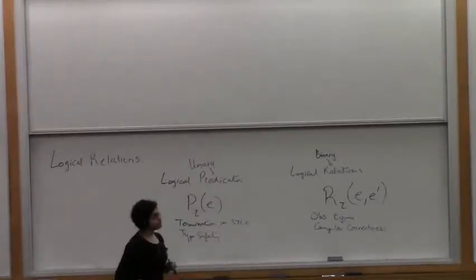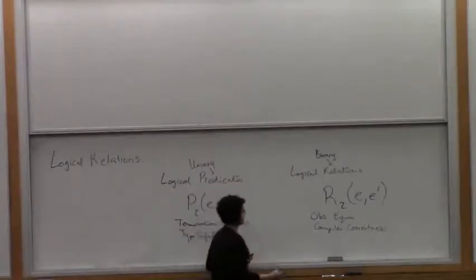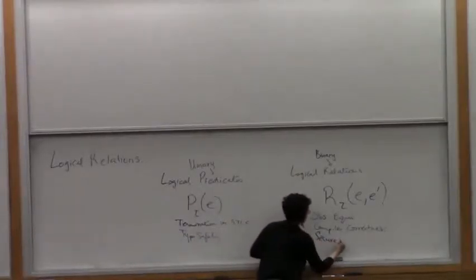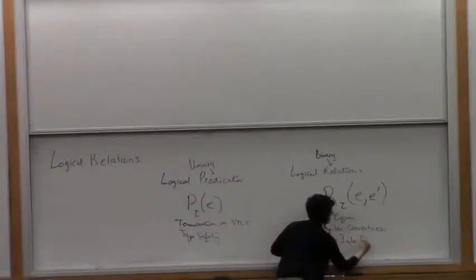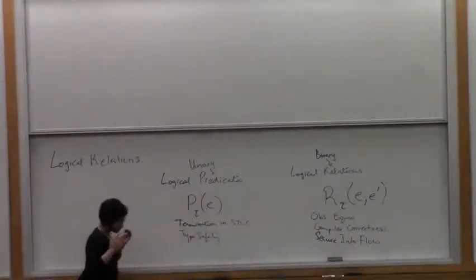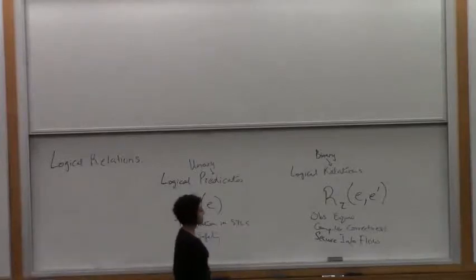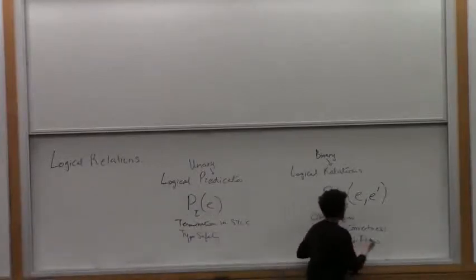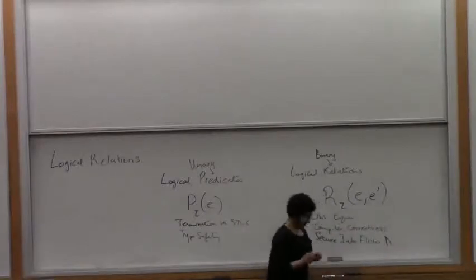Okay. Let's see, what else? The other thing that I mentioned before was secure information flow, and Andrew Myers will talk about this a little bit more. But just to give you a sentence or two on what sort of property we want here.